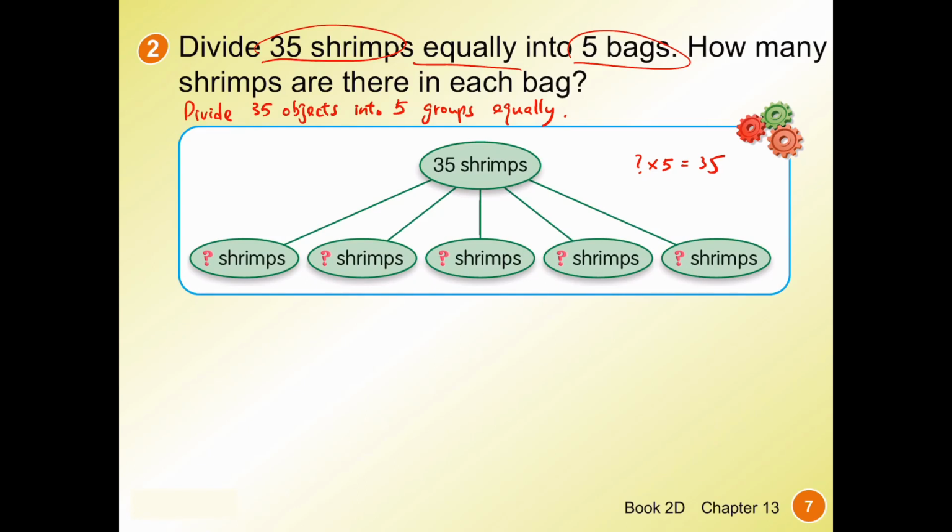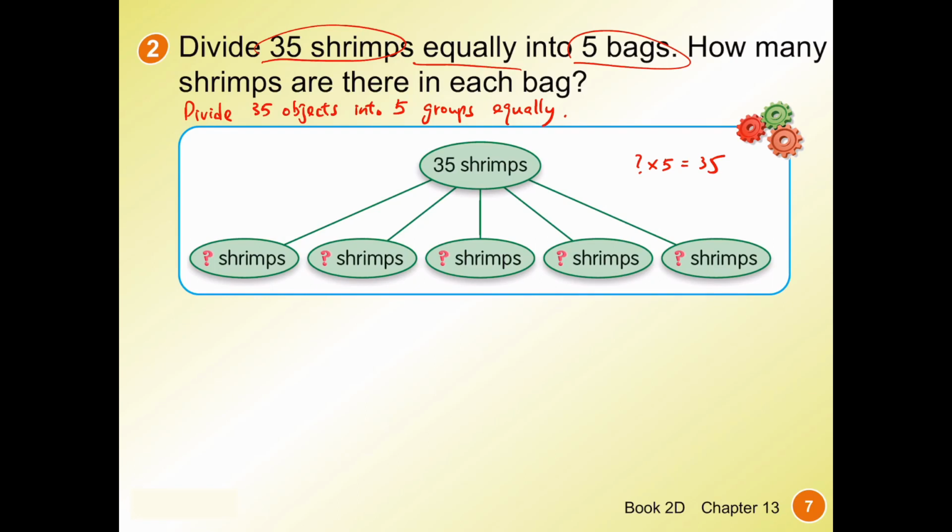And the third step, we need to organize the information. So we have this organization chart, and then we're asked to write the expression. Here you can think of this question as dividing 35 objects into 5 groups equally.